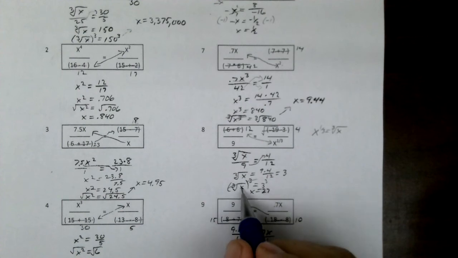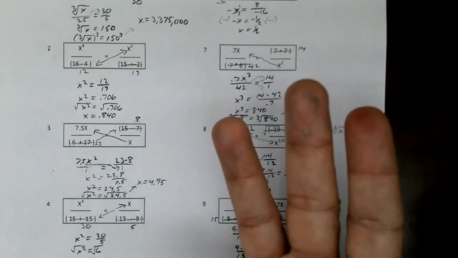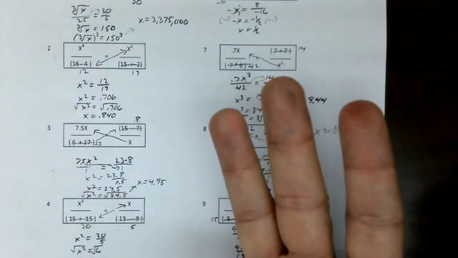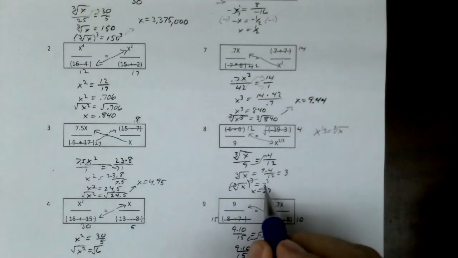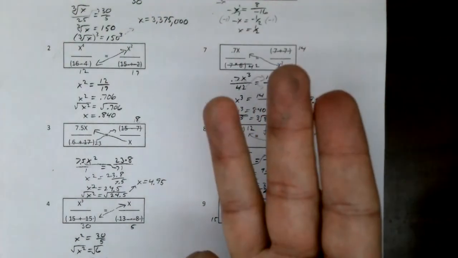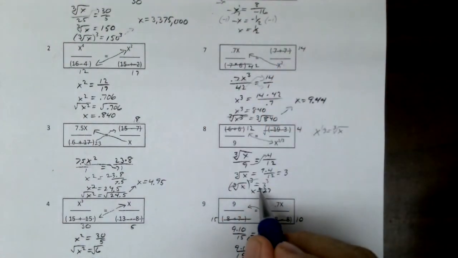This says I have a secret number, and when I multiply it by itself using 3 of them, that turned out to be 3. So I'm saying something times itself equals my secret number, and the thing that I used was 3.